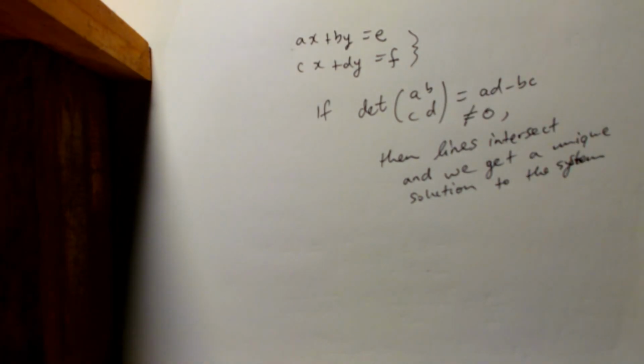Okay? And conversely, if you have a unique solution to the system, then you must have the determinant of the matrix A, B, C, D non-zero.